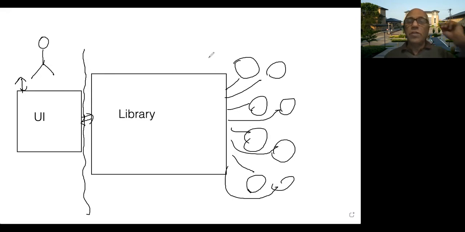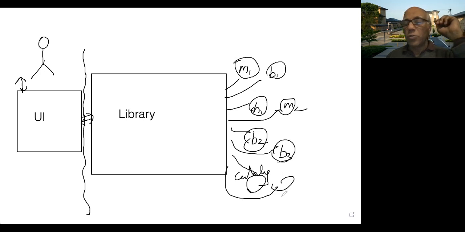Okay. So this could be a member, this could be a book, this could be a hold, this could be a second member, a second book, a third book, then this could be the catalog, and this could be the list of all members, member list.